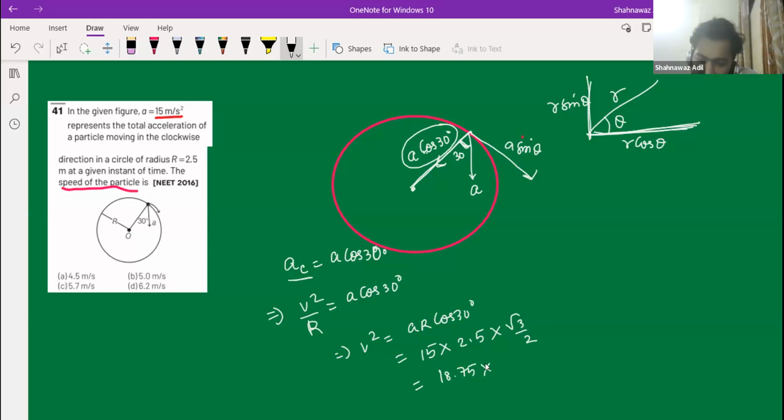Into root 3, which is 1.732, gives 32.475. Now we have to take the root of this. 3 point, oh, we don't have the option. We don't have 3.19.